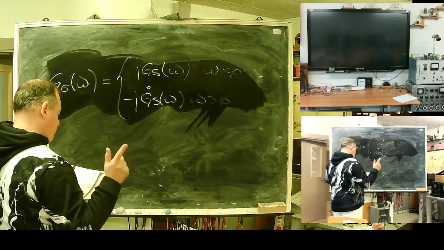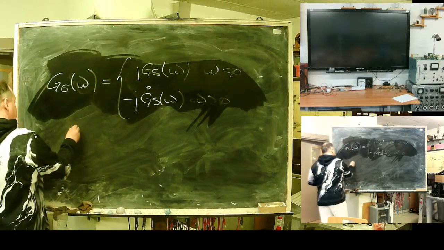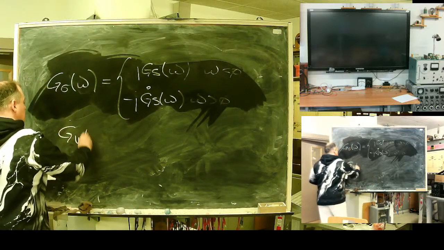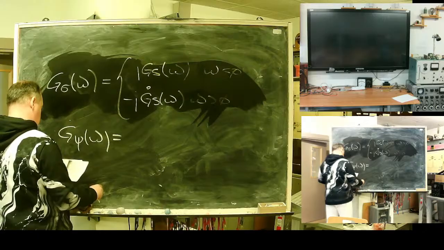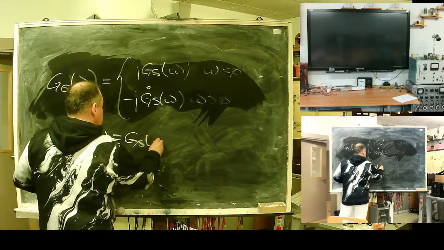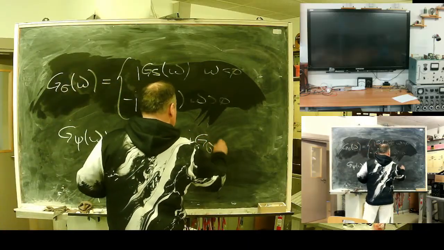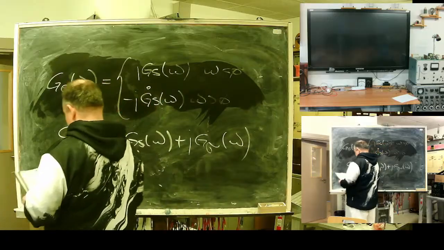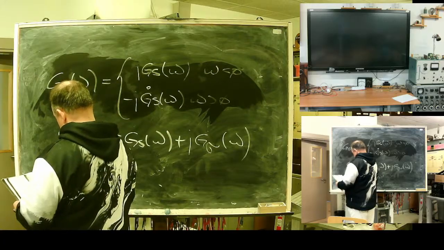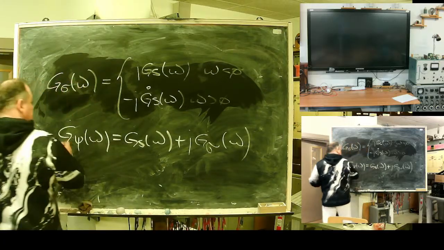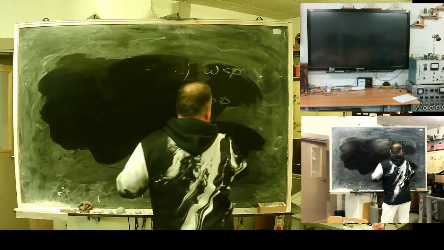Since the Fourier transform is linear, the complex signal's spectral function will be G_s of omega plus j times G_sigma of omega. One second, I will write it.